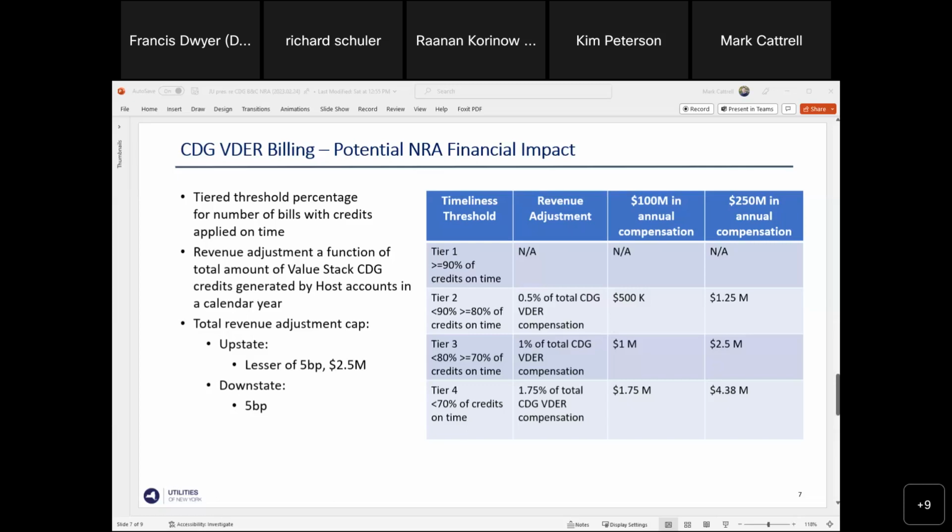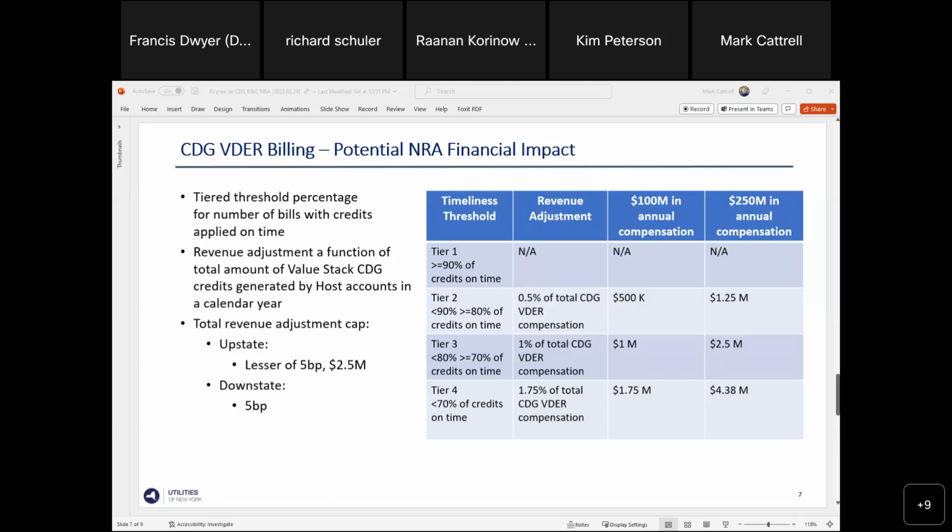For the purpose of assessing any revenue adjustment, the utility's actual annual revenue would be used because we don't have forecasts and we don't know what that will be. We're providing these levels just to illustrate potential revenue adjustments. Because these revenue adjustments would be proportional to the market size of CDG, each utility's potential exposure increases as the CDG market grows.